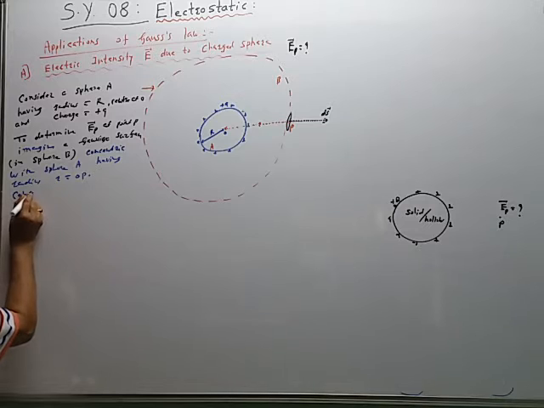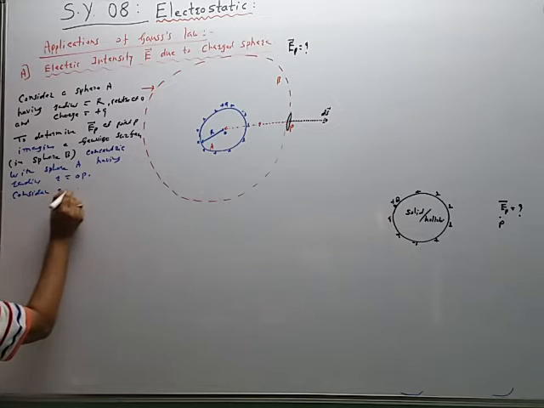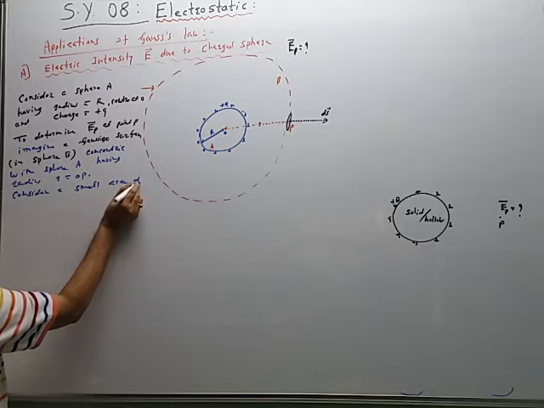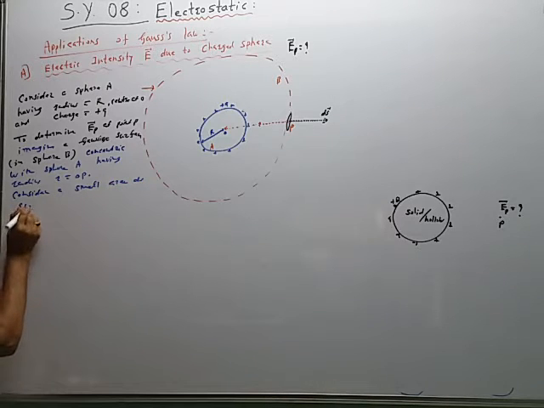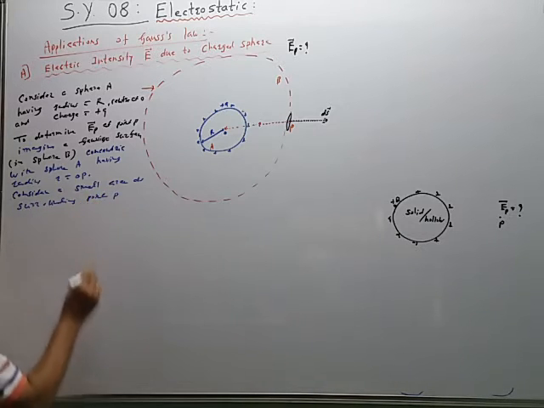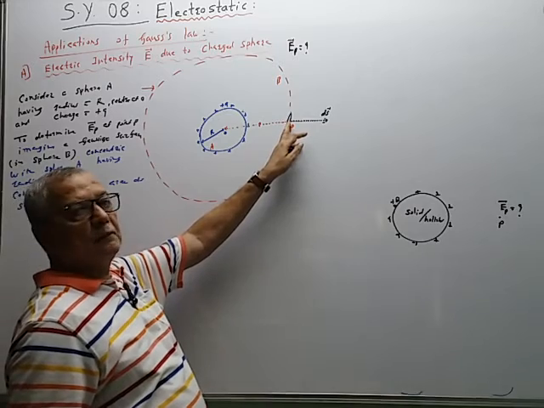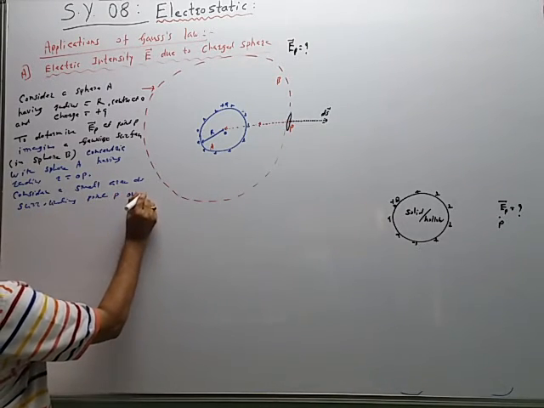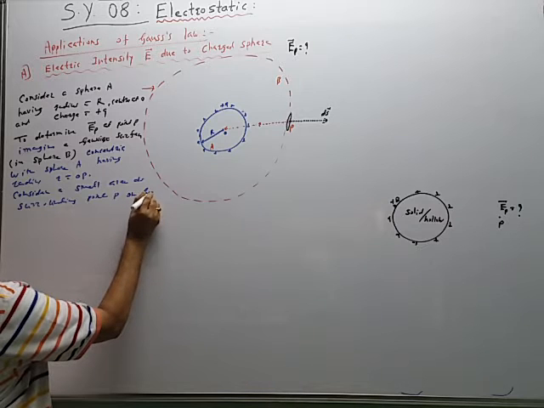Consider a small area ds surrounding the point P on the Gaussian surface. इथे आपण हा P पण कन्सिडर केलेला आहे.